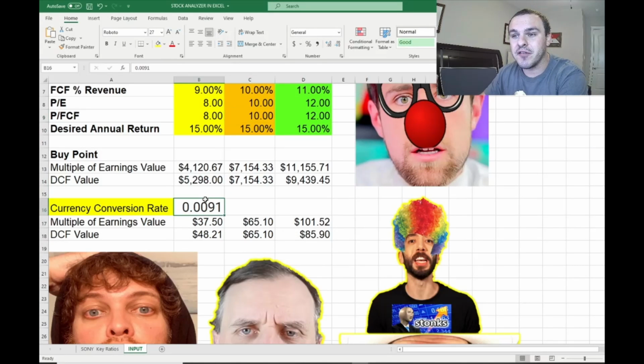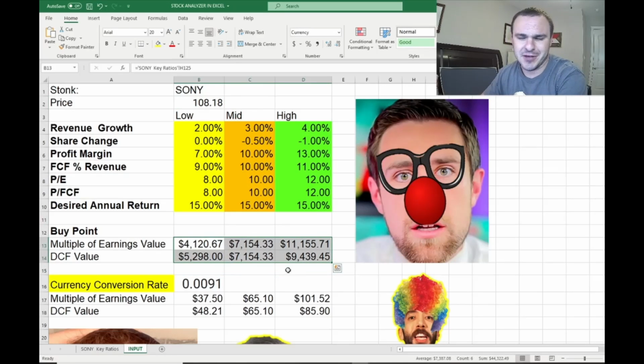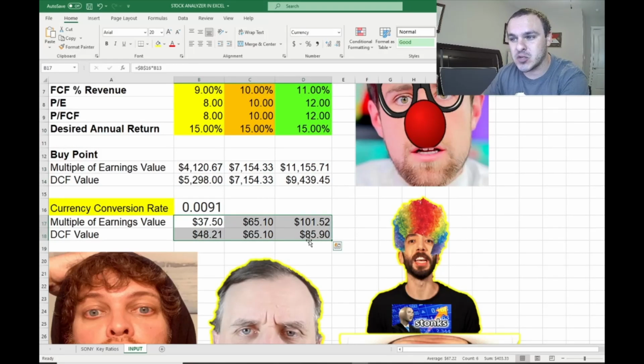So I actually converted it here. I placed the conversion rate here, and that actually spits out the correct dollar number. Because if you look at this, it's like, oh, this should be an $11,000 stock, and it's only 108. Oh my God. Wrong. This is in yen, okay? Yeah, it says dollars, but I'm not going to change it every time, and I mostly look at US companies. But yes, this is the actual correct numbers because you have to account for currency.